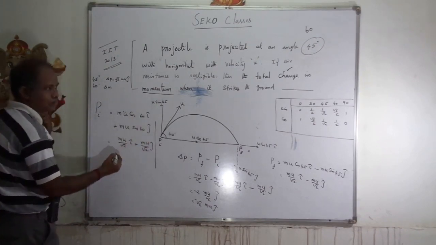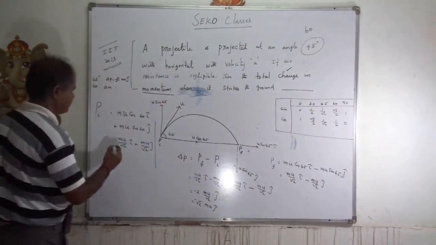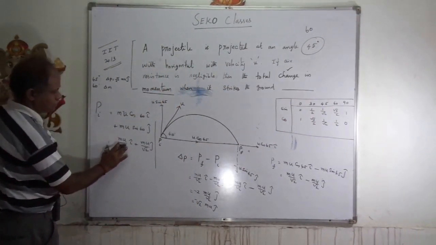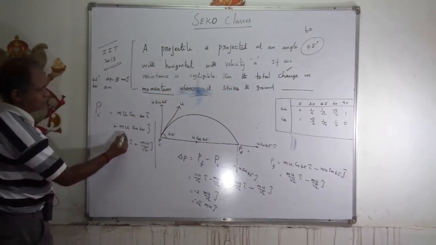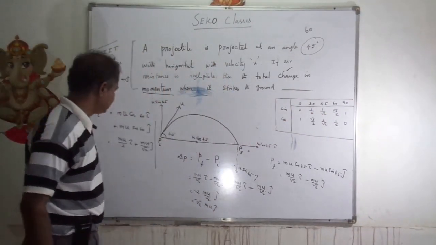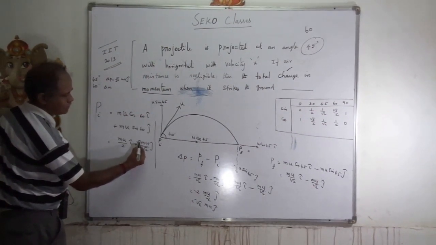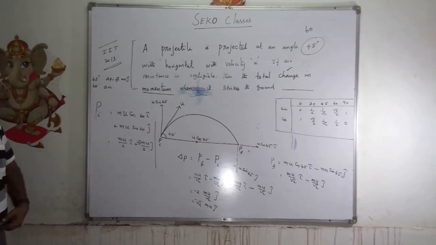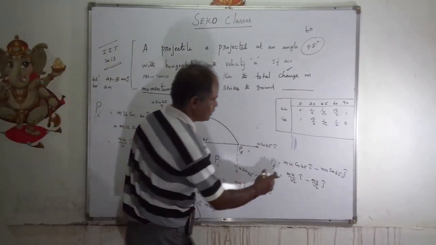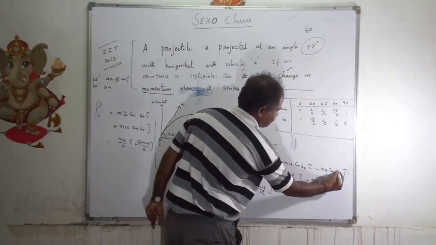Cos 60 is what? 1 by 2. Sin 60 is root 3 by 2. The same manner here, cos 60, sin 60.